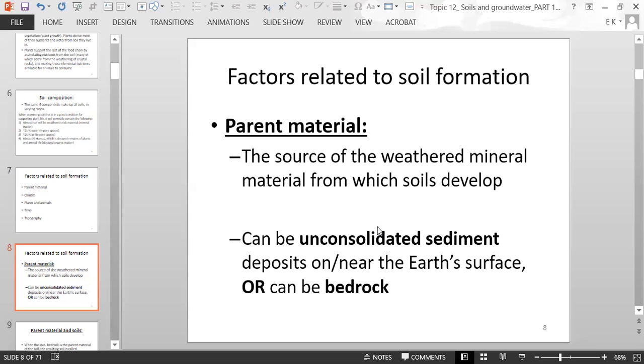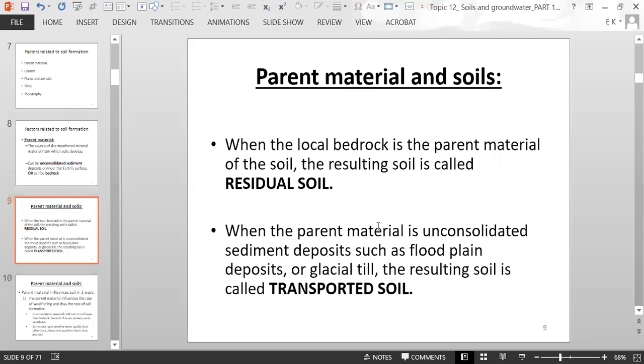The parent material can be unconsolidated sediment deposits, or it could be hard, solid bedrock. When the local bedrock is the parent material of the soil, the resulting soil is called residual soil.